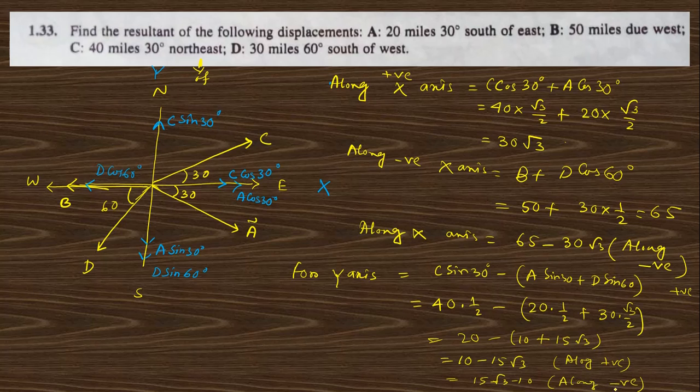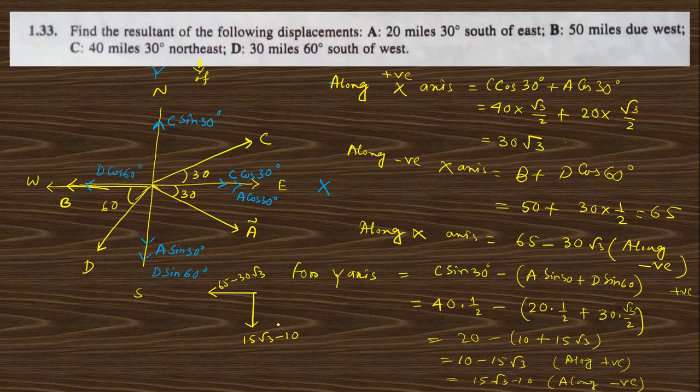Now if I want to draw, along the negative x-axis, which is west, the value is 65 minus 30 root 3, and along the y direction 15 root 3 minus 10.